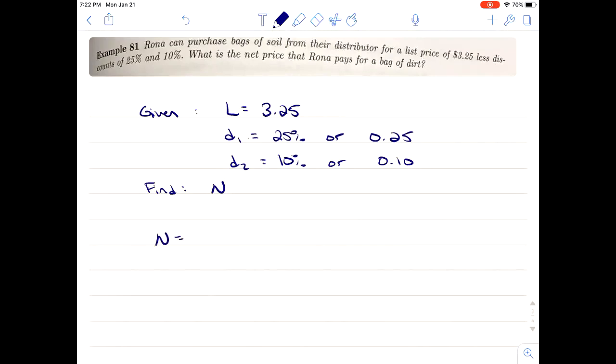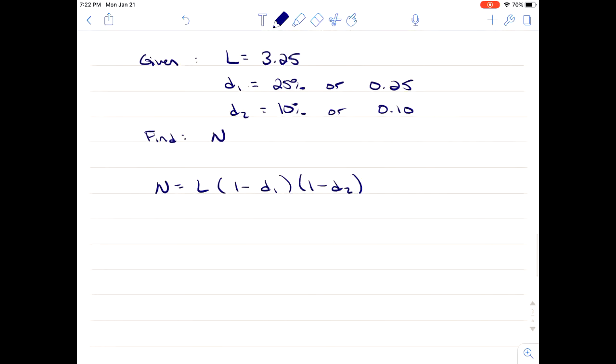So N is the list price times 1 minus D1 times 1 minus D2. We only need to put as many as we have discounts. We only have 2 discounts, so we stop there. So N is a list price of $3.25 times 1 minus 0.25, times 1 minus 0.10.